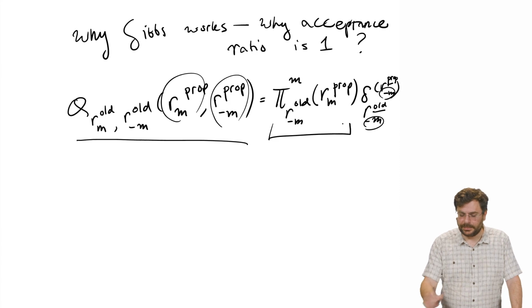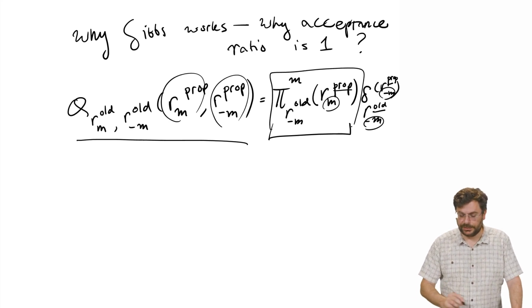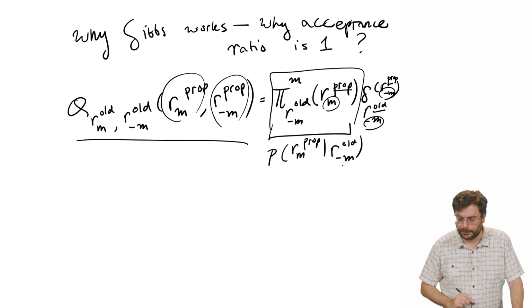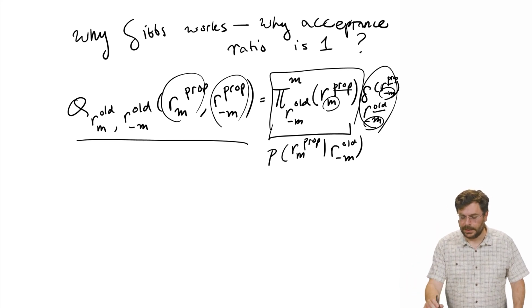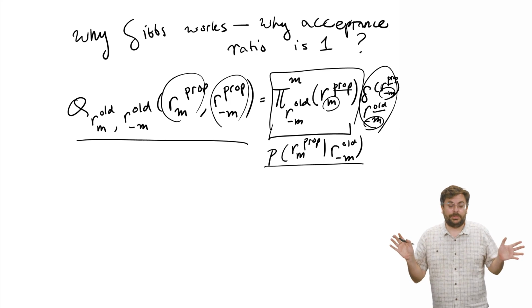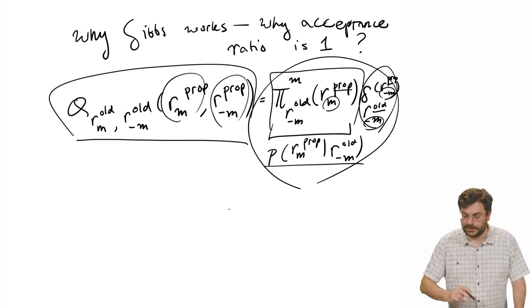The only thing that is updated is the mth variable, for which we propose according to the following conditional distribution. Again, remember this is P of Rm proposed, conditioned on R minus m old. So in other words, R old minus m stays the same, and Rm proposed is drawn according to the following conditional. That's what we did. We didn't write down this proposal distribution explicitly, but ultimately this is what we did.